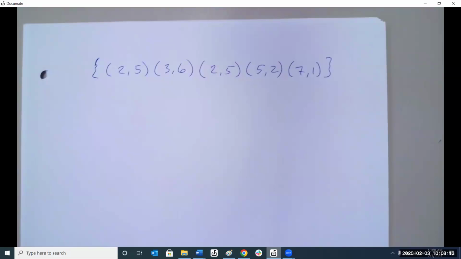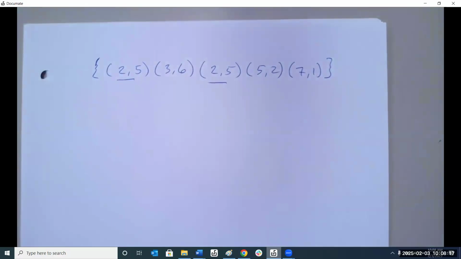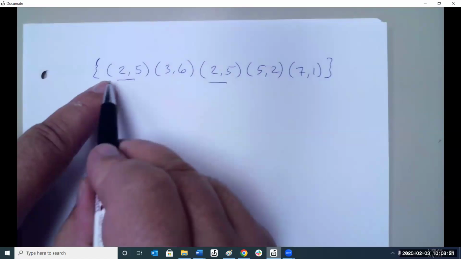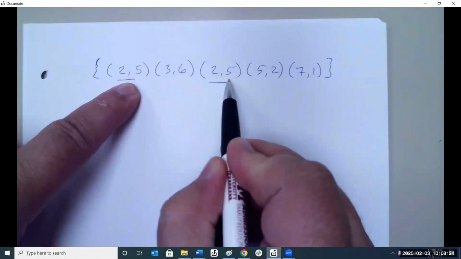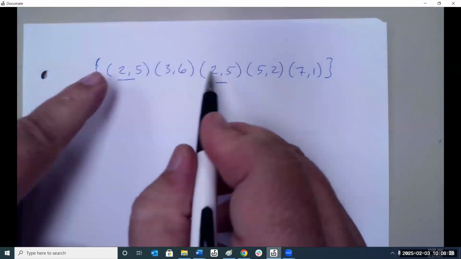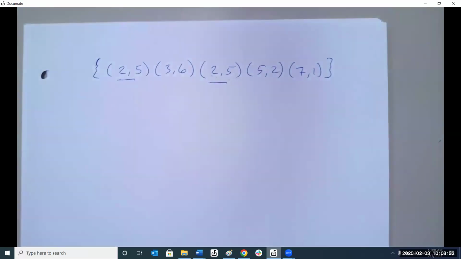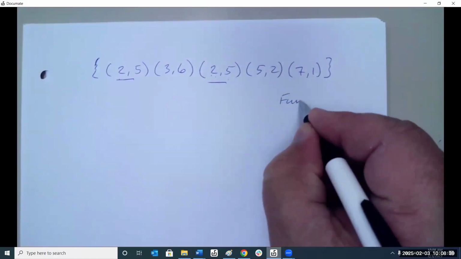Is it a function? Why? 2, 5 is the same number. Yes, these are the same points. So this is a function. Since this x and this x go to the same value, it's the same number. You're just looking at the x's being the same. If the x's are the same, the y's better be the same. Trick question. So this one is a function.